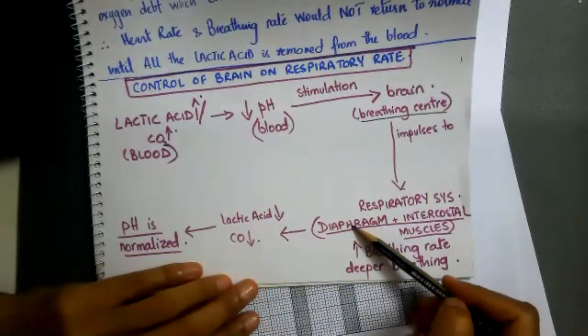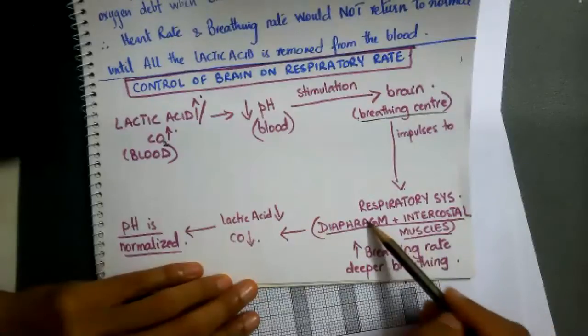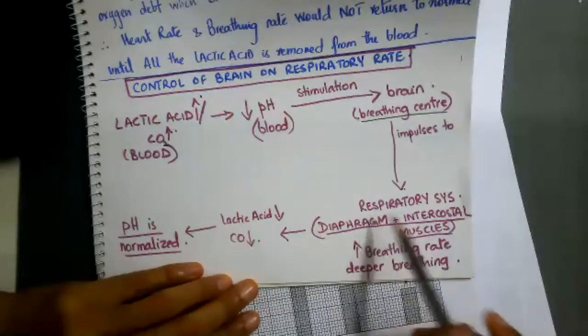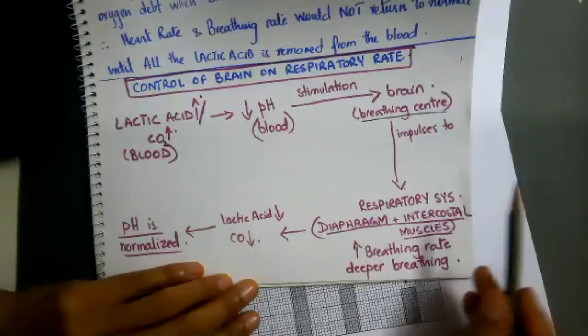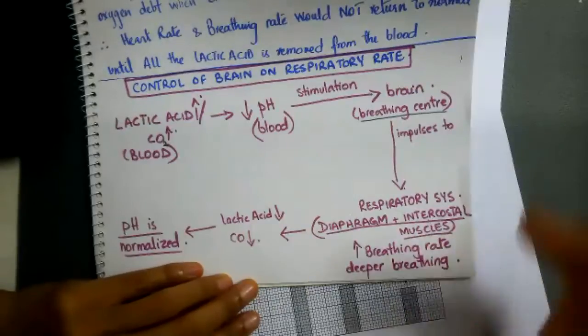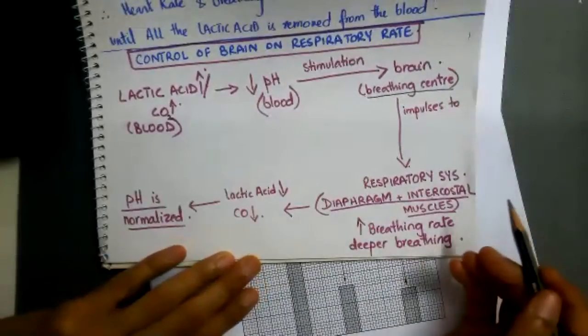Which parts of the respiratory system? The diaphragm and the intercostal muscles, because they are the most important muscles of our respiratory system. They are the ones which are predominantly responsible for inspiration, right?